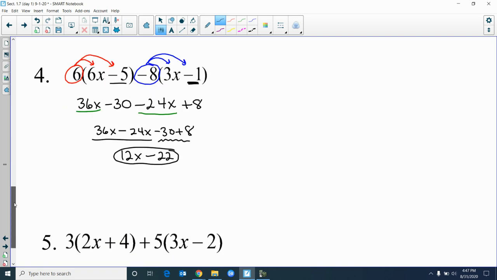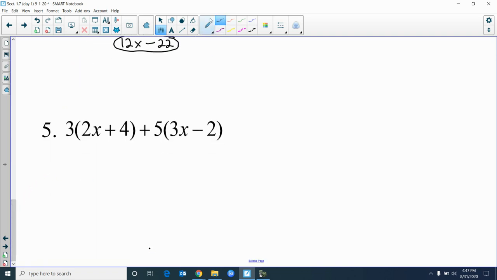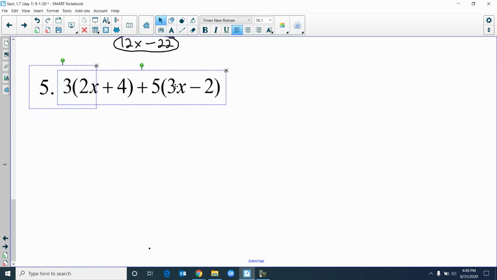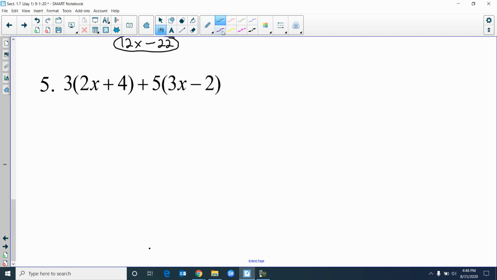All right, let's look at this one here. Copy that one down. I can't remember if that one's on your paper or not. All right, same deal. The 3 distributes to the two terms inside those parentheses.